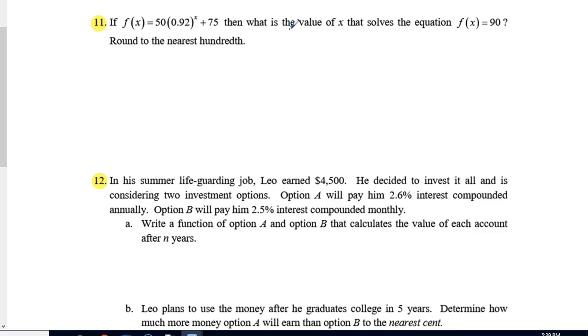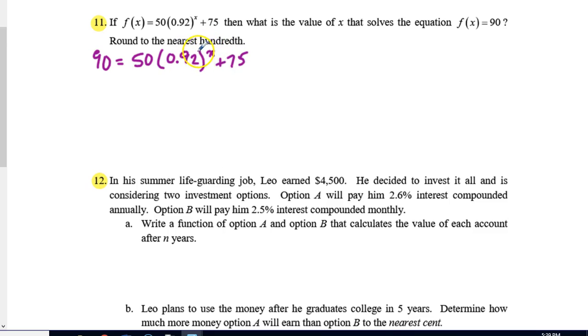All right, so for this one, we're given a y value, and we want to know what's the value of x, so we'll make it true. So we're going to substitute in 90, and then do the math. Okay, x is pretty deeply buried in this equation.